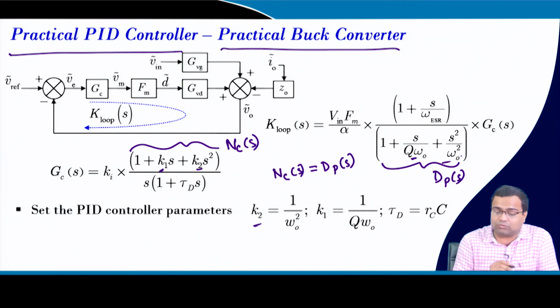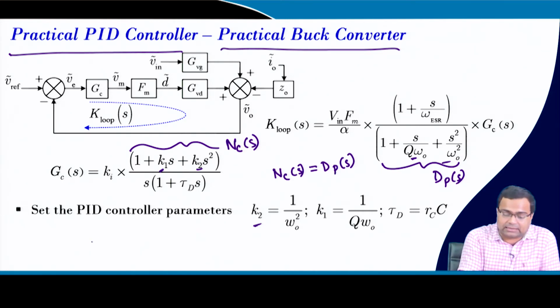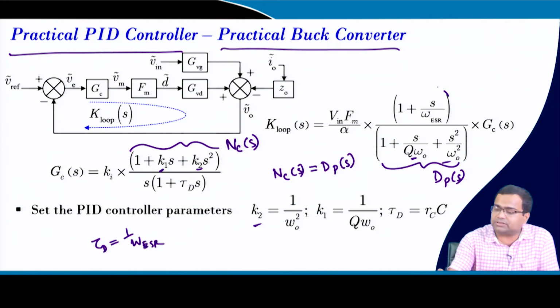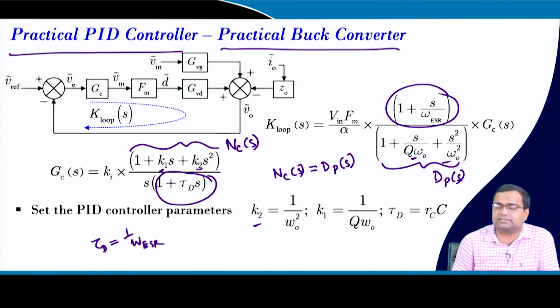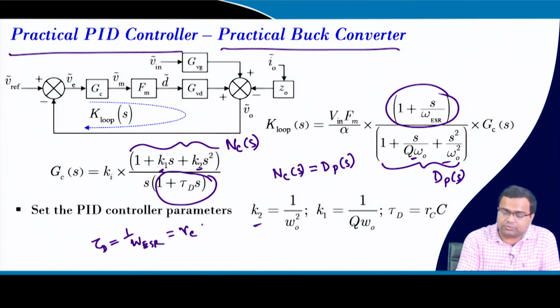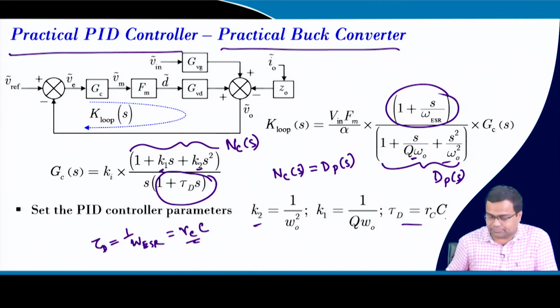We also want to set tau_d so that it cancels the ESR zero. So this controller pole is used to cancel this ESR zero. What is the ESR zero? It is 1 by R_C into C, so tau_d is simply R_C into C.